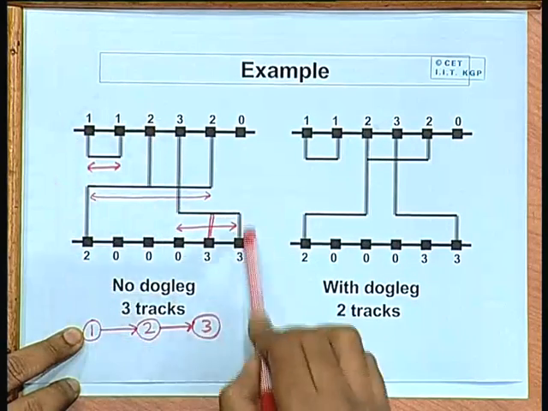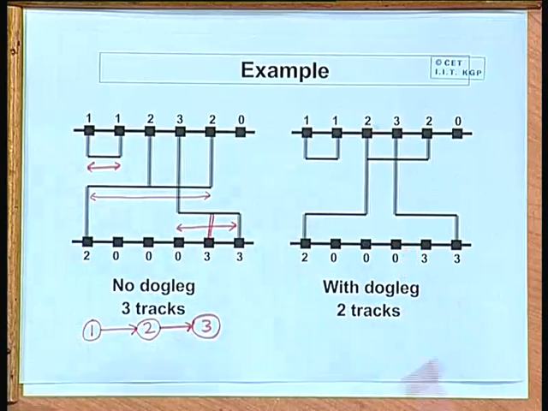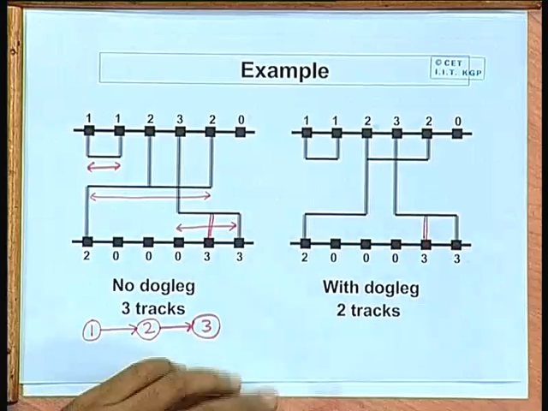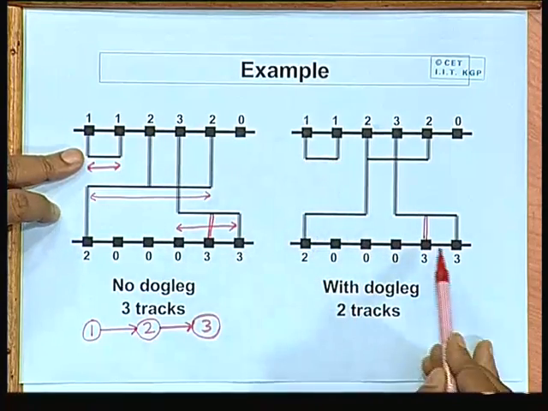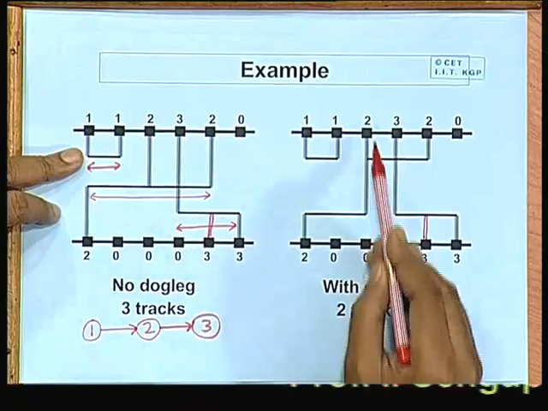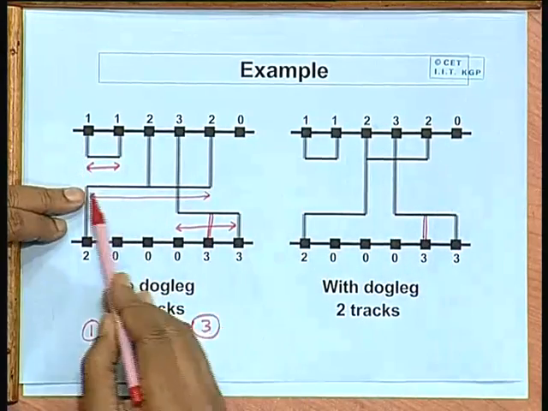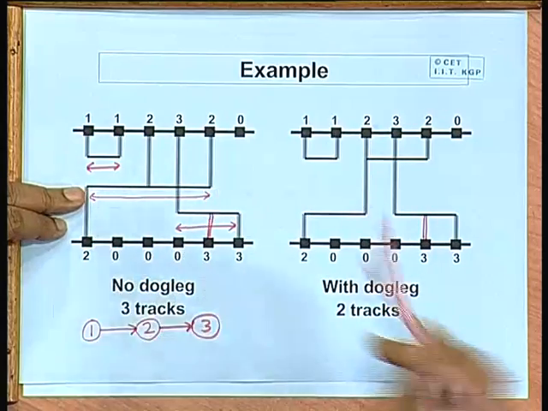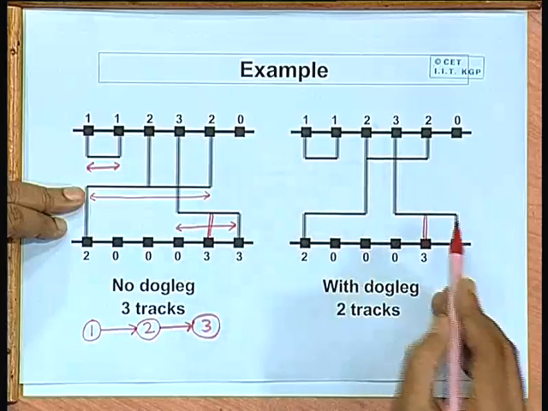But for the same problem, if you allow a net to be split across tracks, then we can get a solution like this. Here net 1 as usual is placed on track 1, net 3 is as usual placed on another track, but net 2, instead of being placed as a whole on one track, in which case a new track was required, if you break it up like this, then you can do with 2 tracks only.